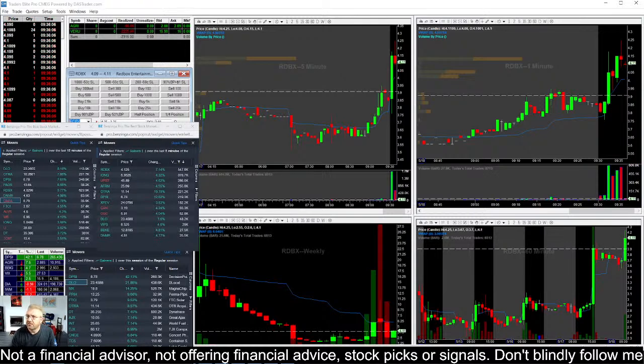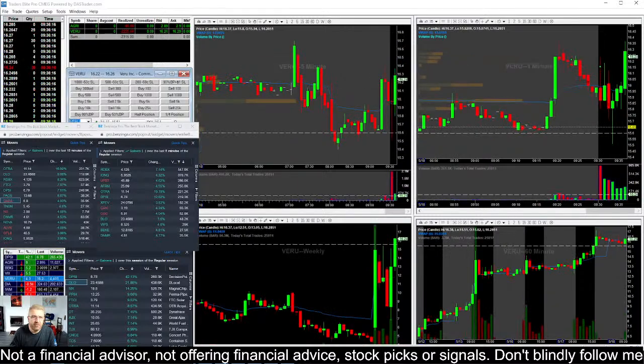For an entry. VERU now about to break highs. Have a look. We're in for the break of that high. Back. Have a dip.